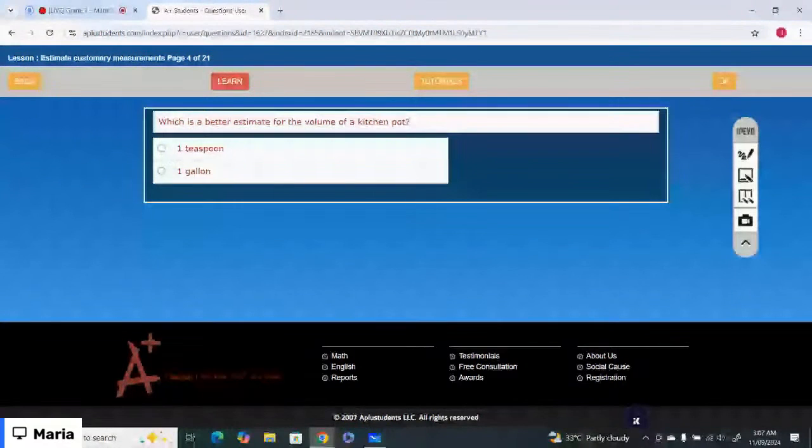Which is a better estimate for the volume of a kitchen pot? 1 teaspoon or 1 gallon? Which is the correct option?